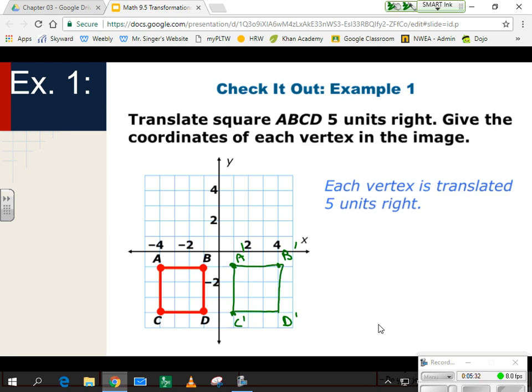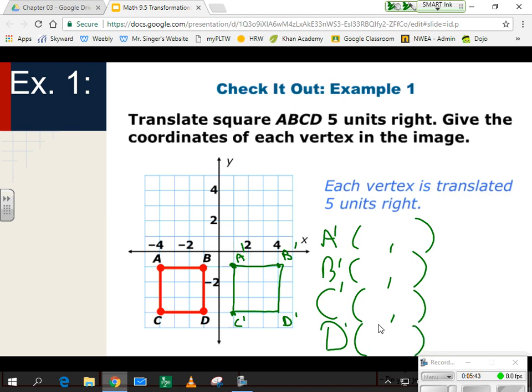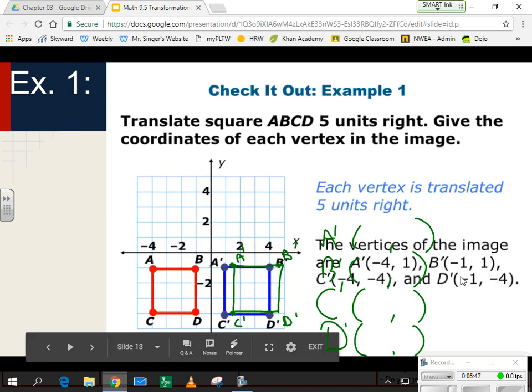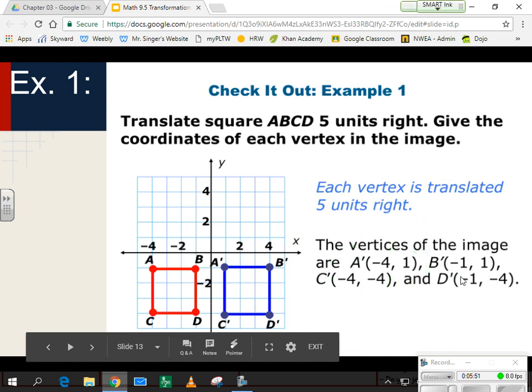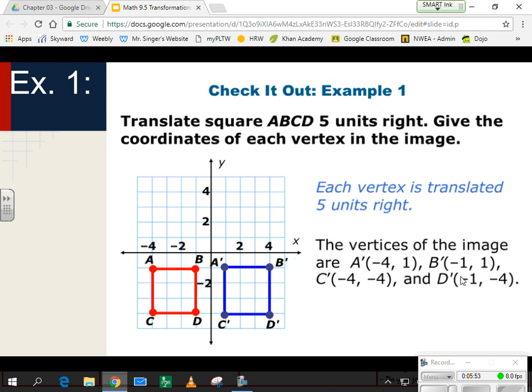Connect the dots. And now A prime, the new set, B prime, the new set, C prime, the new set, and D prime, the new set. And I believe, if I do this right, here are the exact answers to this. So just by moving it over, we have new ordered pairs for the prime of the shape.